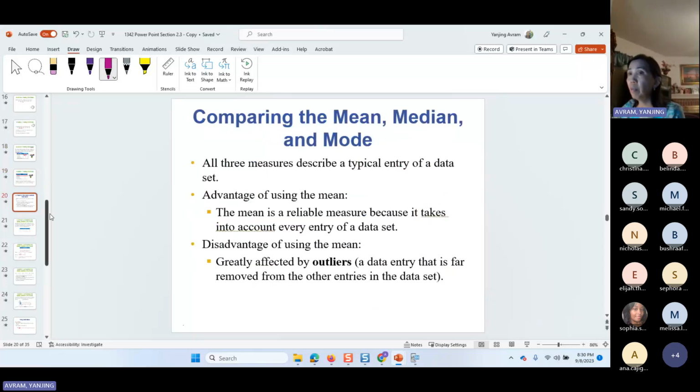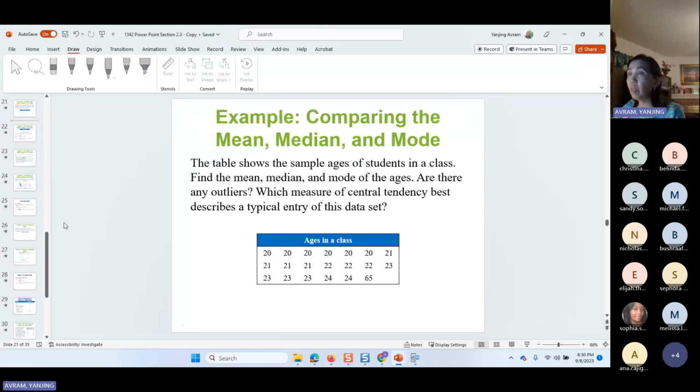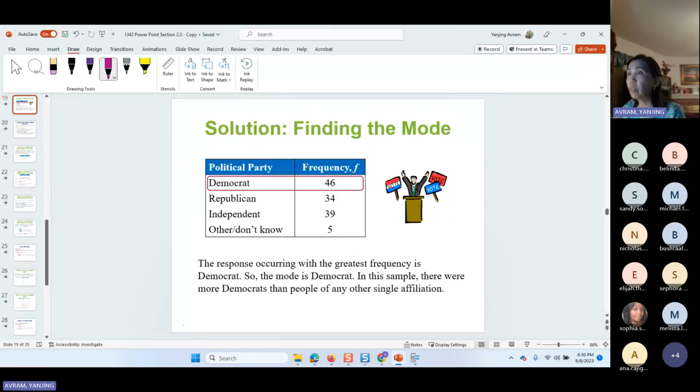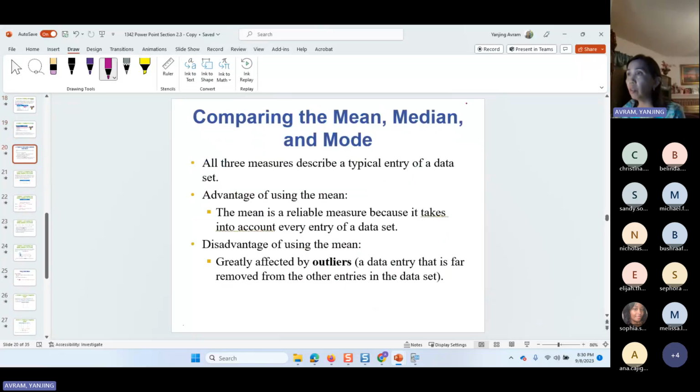All right, so we're going to compare the mean, median, and mode. Sometimes you like to use the mean. Mean is the average for everything, right? It seems really good for a lot of things, but sometimes the mean can be at a disadvantage if you have outliers. So what do outliers mean? That means really big or really small numbers. Extremely small or extremely big numbers are called outliers.